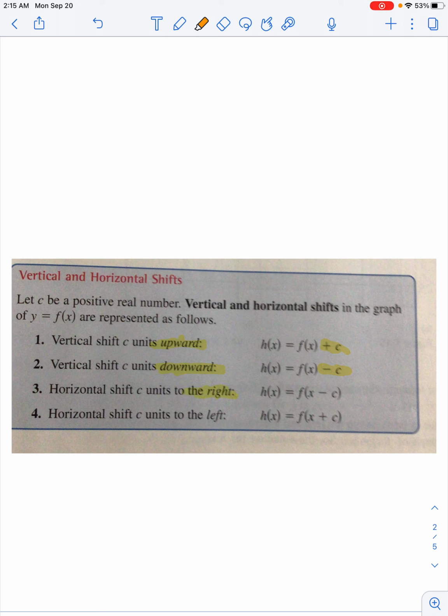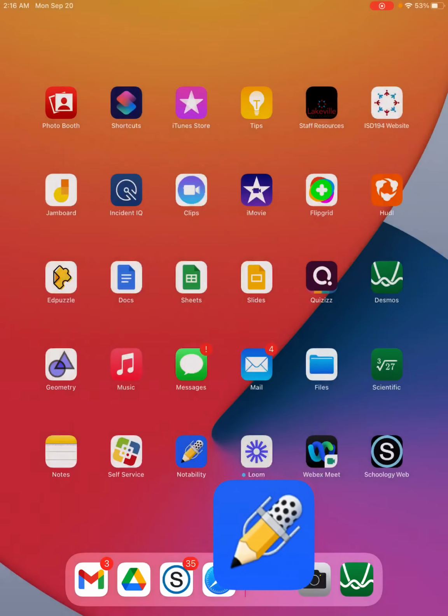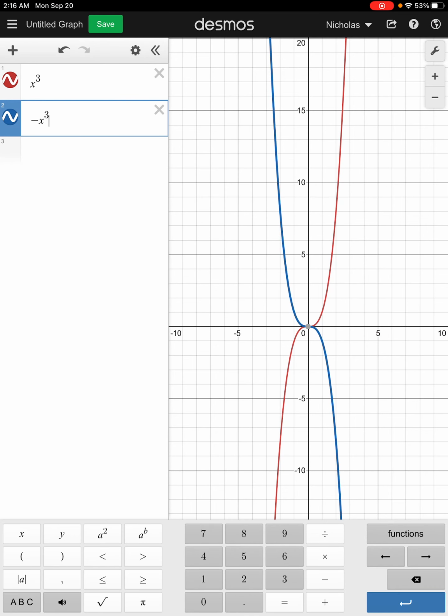If I want to shift it to the right, and this is a little goofy, I have to take what my function is and I actually subtract it. So you might think, well, usually the right is positive, we add. It's kind of the opposite here. And then if I look at my horizontal shift to the left, again, I have to add what's inside of my function. So let's do an example to kind of help clear it up.